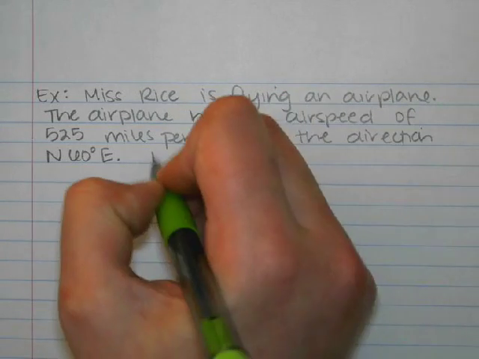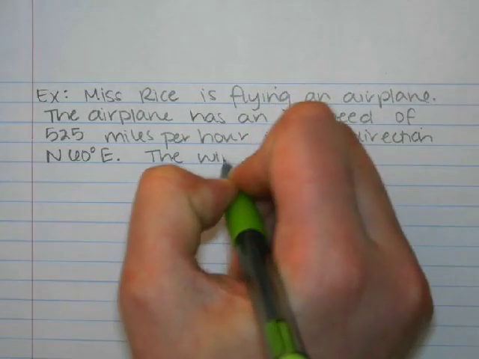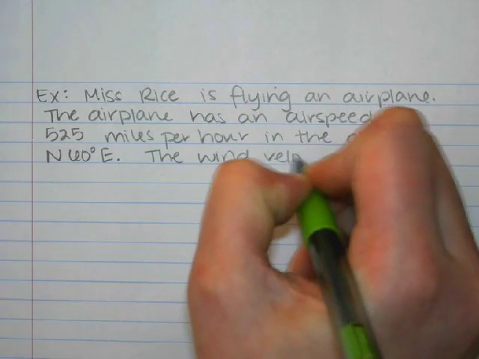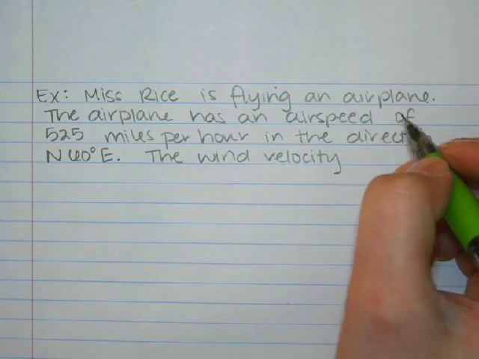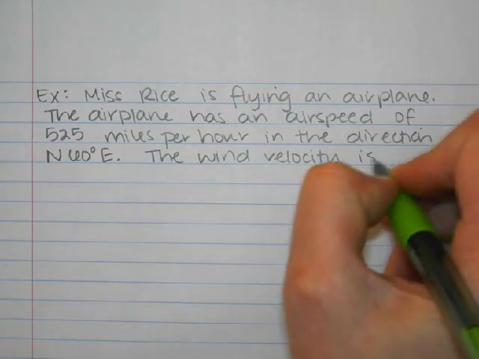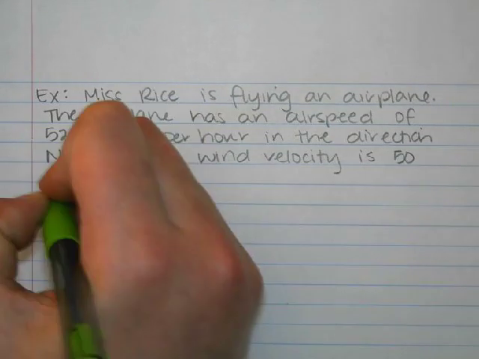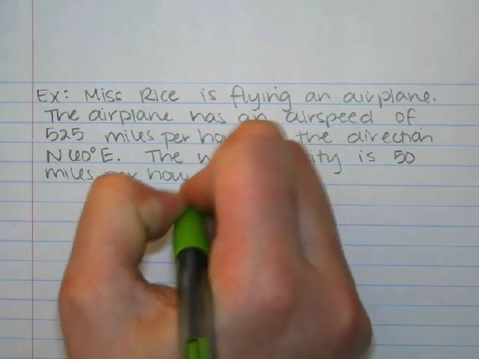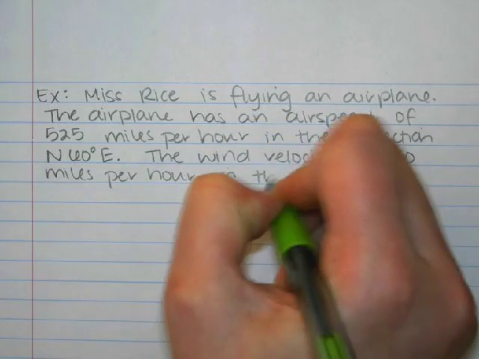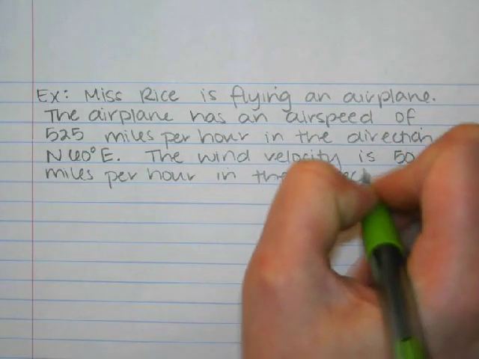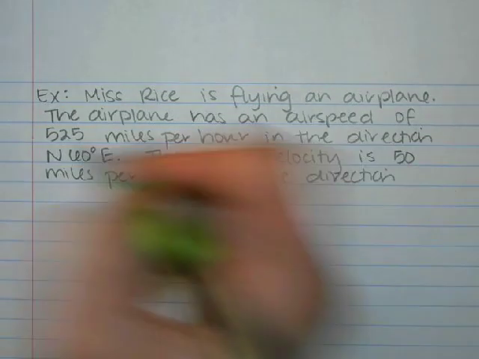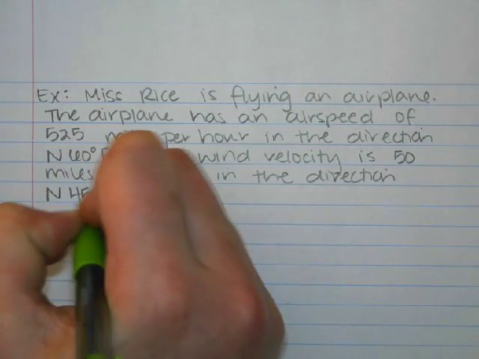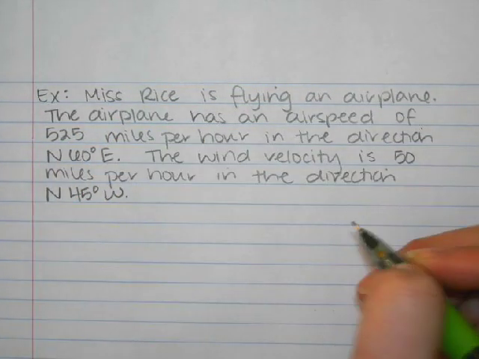The wind velocity is 50 miles per hour in the direction north 45 degrees west.